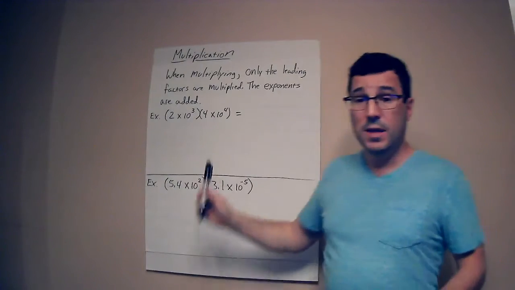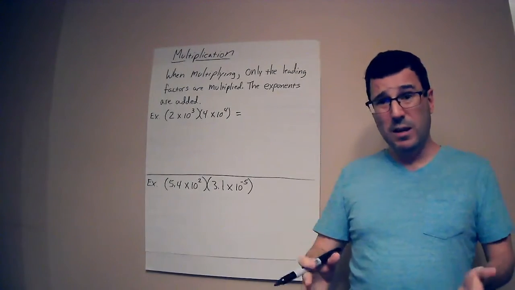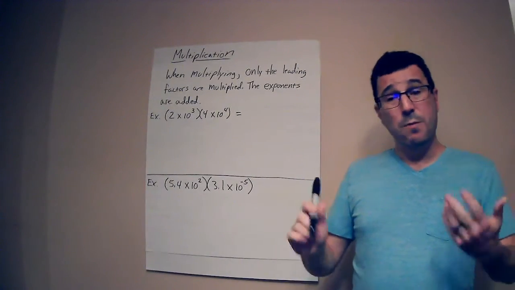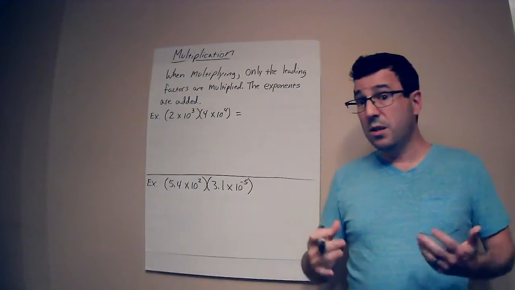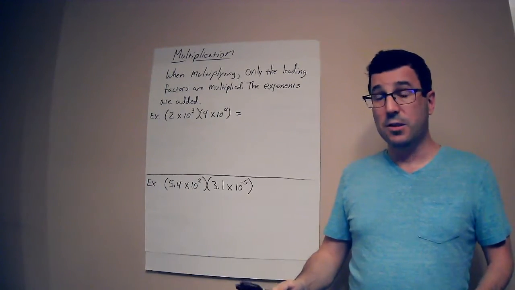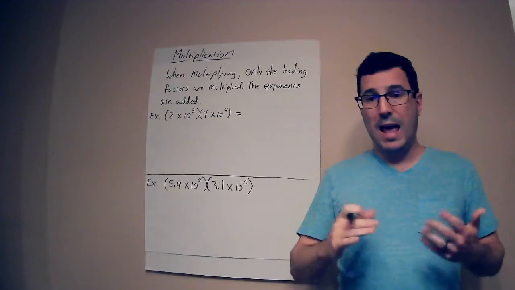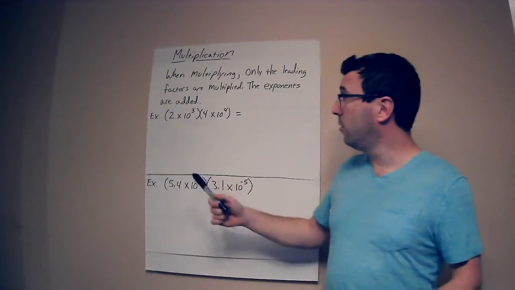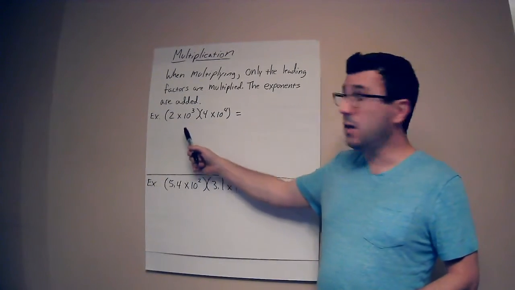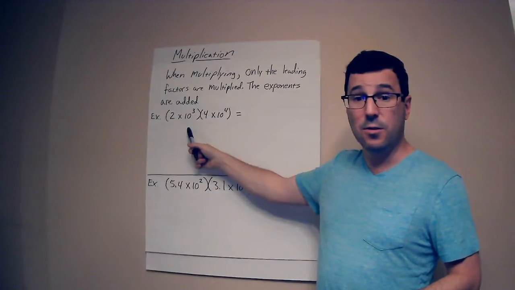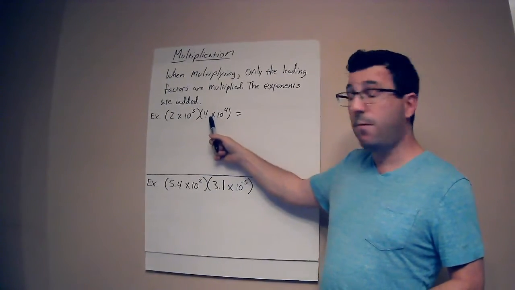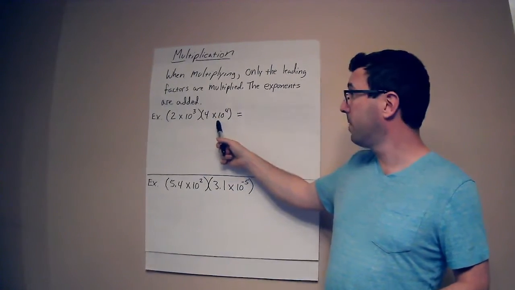So with multiplication, it's relatively straightforward. When we multiply, we're only going to multiply our leading factors. Our exponents we're going to add. So I look here, I see 2 times 10 to the third times 4 times 10 to the fourth.